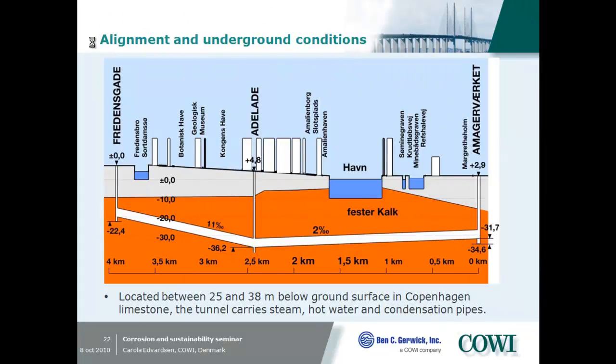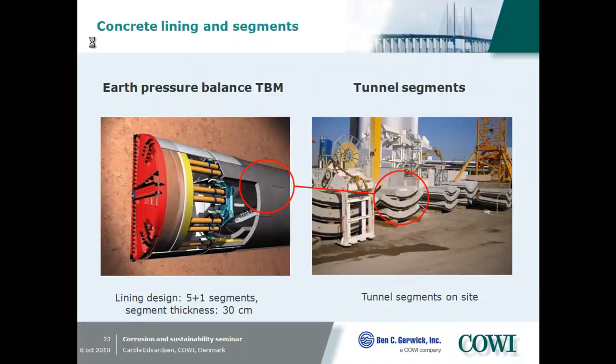And inside this tunnel we have some pipes which carry steam and hot water. You can see here the tunnel underneath Copenhagen city. Here you can see an earth pressure balance TBM which is used, and on the right side the steel fiber segments.